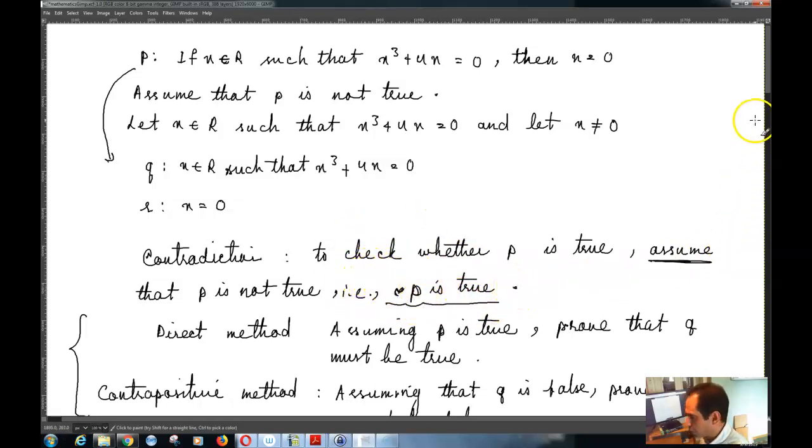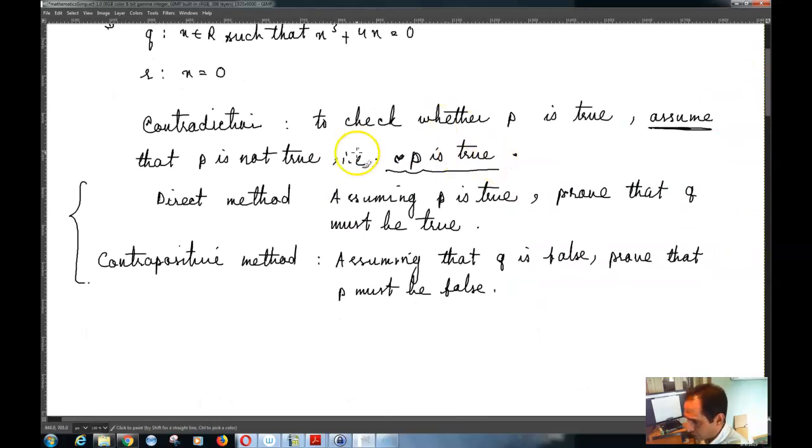Now what you need to do is prove that P is not true. To prove that P is not true, there are two ways, as we saw before: the direct method and the contrapositive method.